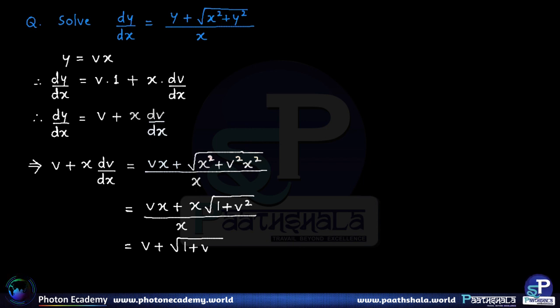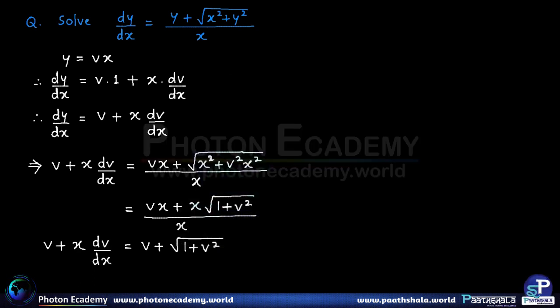alright, and on left hand side we have v plus x dv by dx, right. So v gets cancelled from both sides, and now we see that we can bring the term in v on left hand side and the terms in x on right hand side.